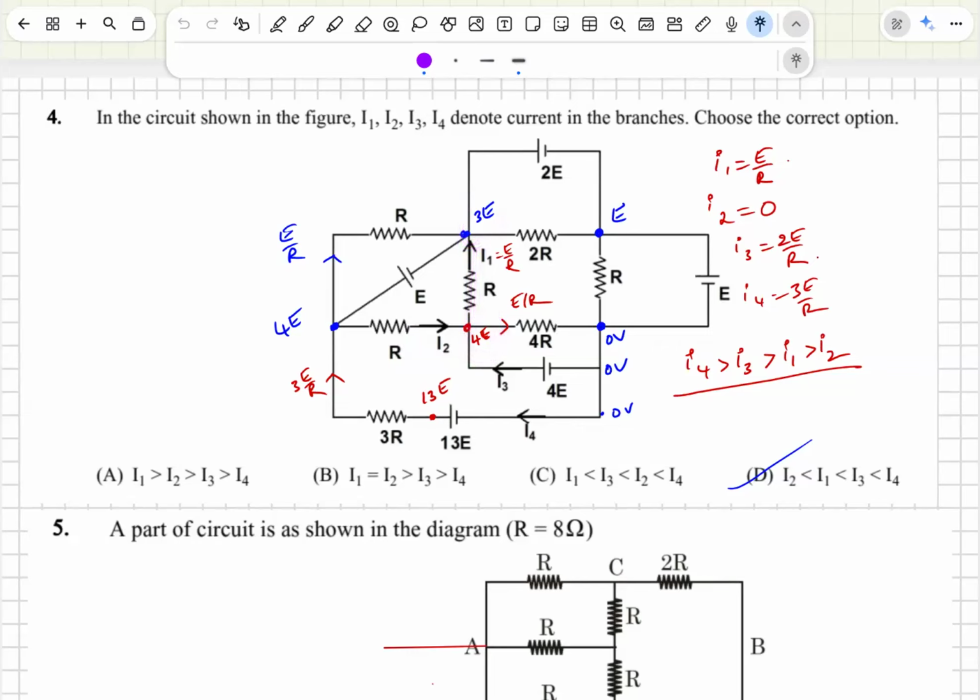The difference is E, and hence the current is E by R. I3 entering here splits as E by R, E by R. Don't look at the leftward direction because I clearly said there is no current. So what is I3 now? 2E by R. I4 given, I3 given, I2 given. Where is I1? This is I1. That's all. How complex it is.